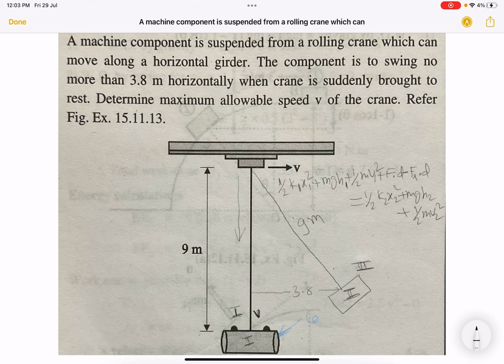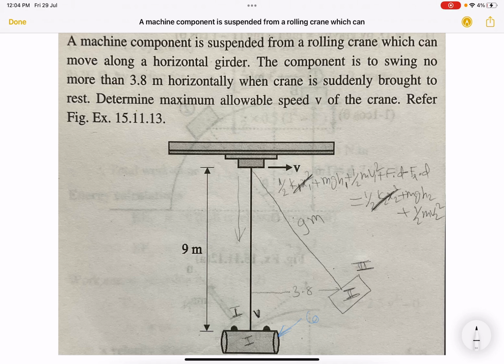Now if you compare positions 1 and 2, there is no spring attached, right? The component is not attached with a spring, so we can just remove the spring energy from both sides. At positions 1 and 2, there is no spring. Now look at the potential energy at 1 and at 2.